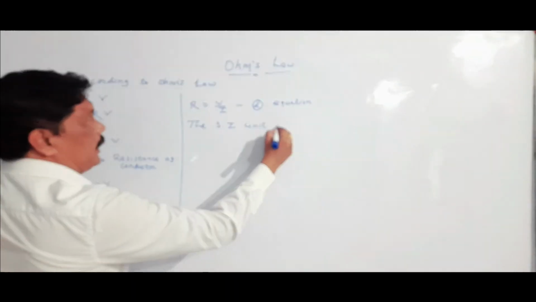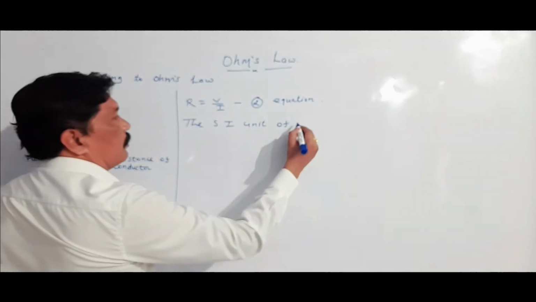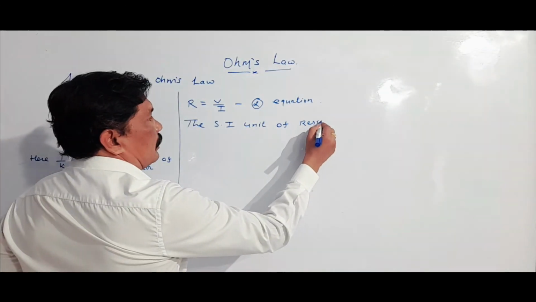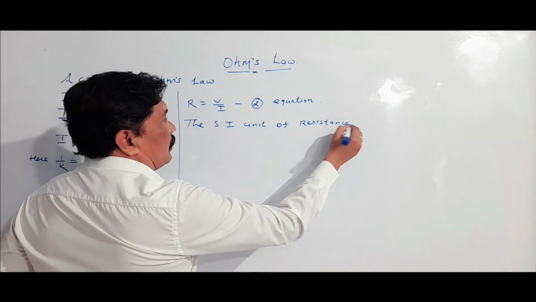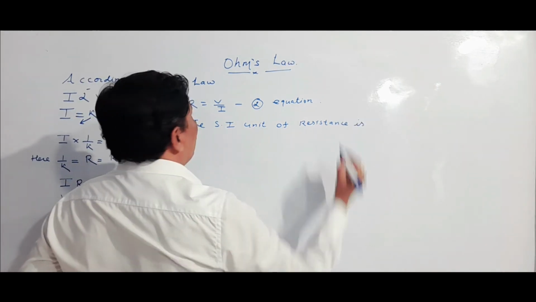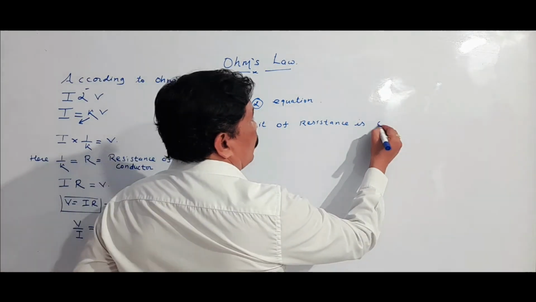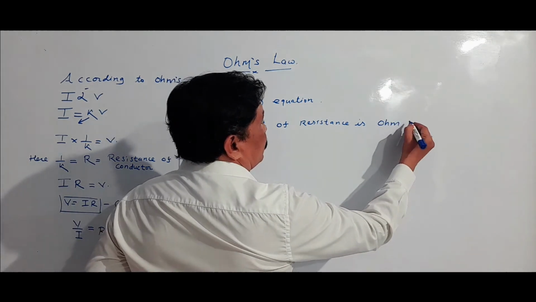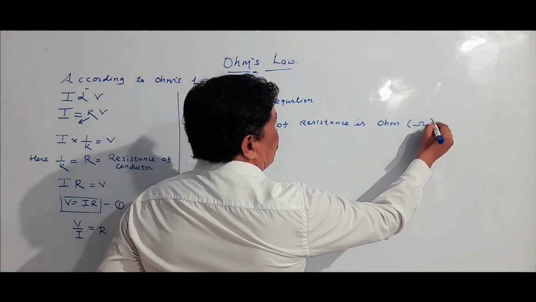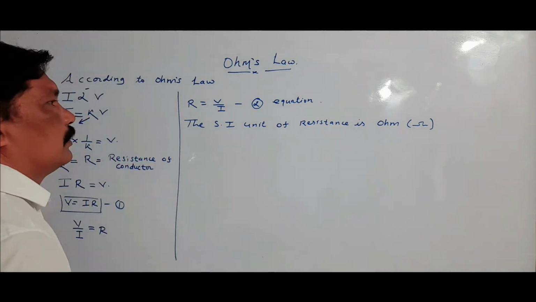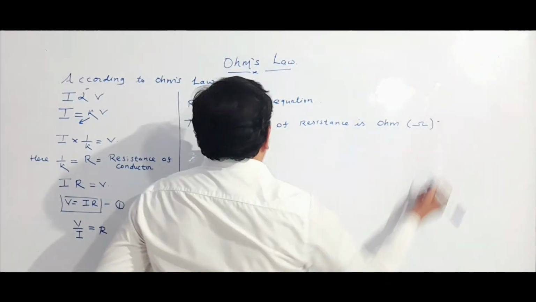The SI unit of resistance is ohm and is denoted by this sign.